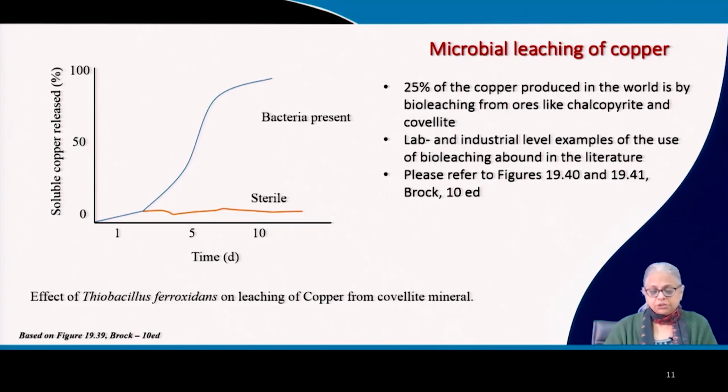You can see the crushing of the ore. It has been crushed into smaller parts to provide larger surface area, and then acidic leach water is spread. You can see the spraying of acidic leach water over the ore. So the acid will dissolve the ore, and this is the effluent that you see coming out of the leaching dump.